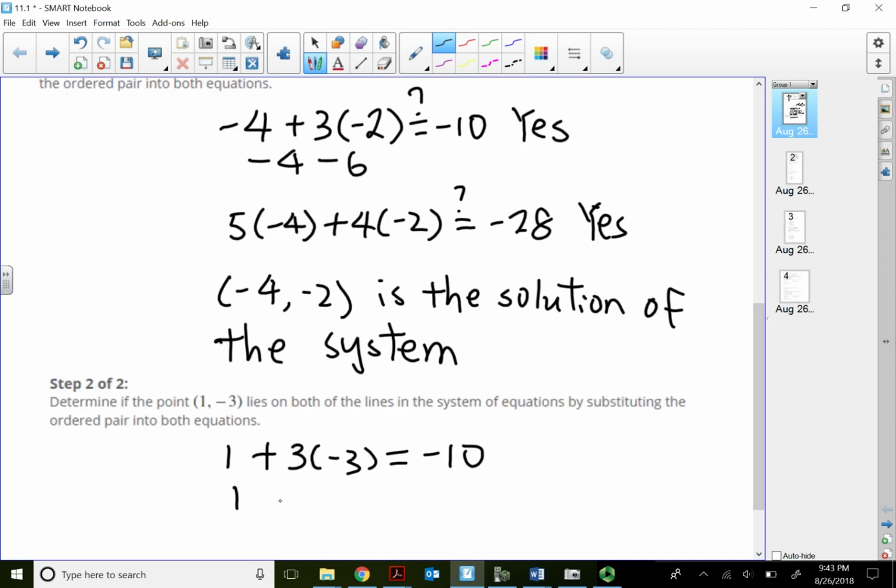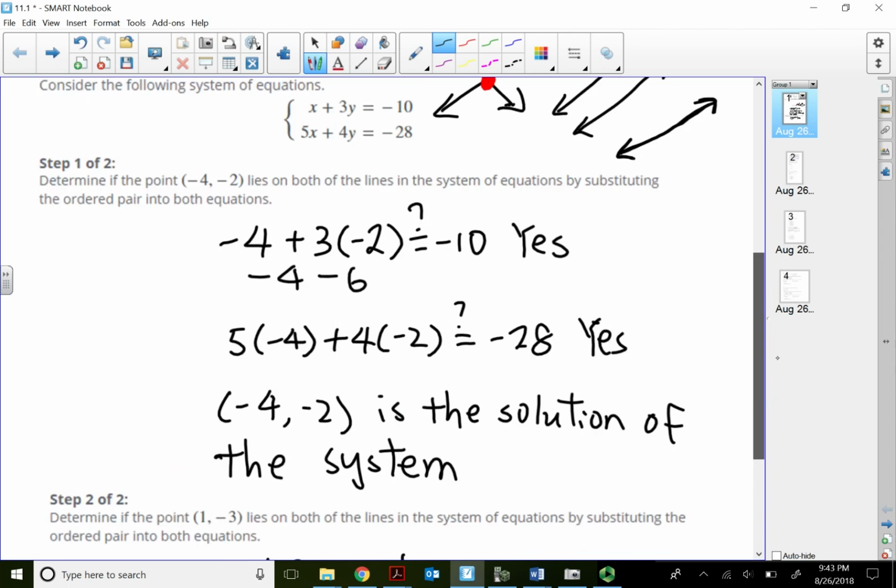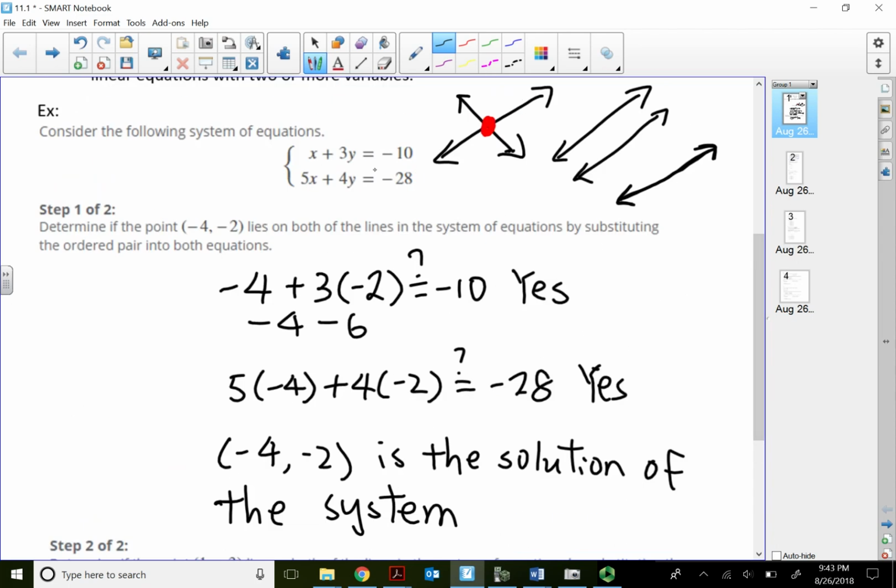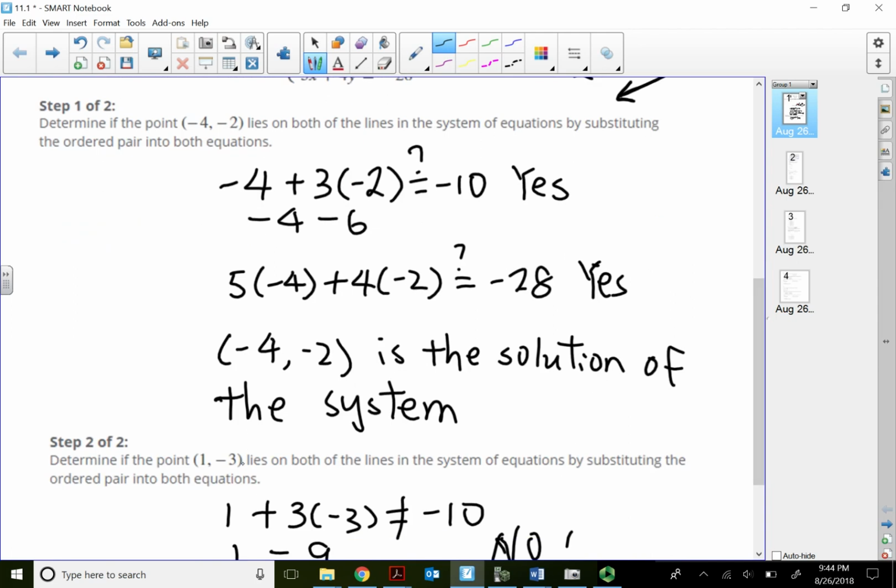Well, this is 1 minus 9, right? Positive 3 times negative 3 is negative 9. 1 minus 9 is negative 8, not negative 10. So no, this first line, x plus 3y equals negative 10, does not carry 1 comma negative 3.